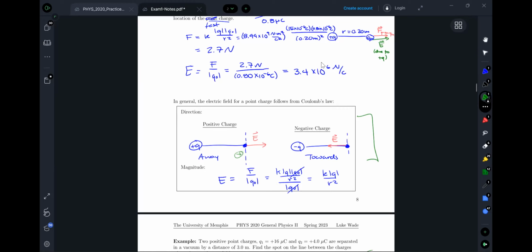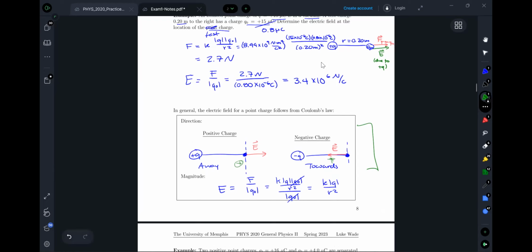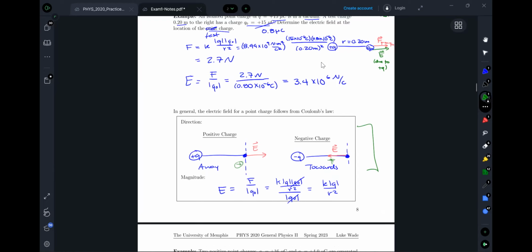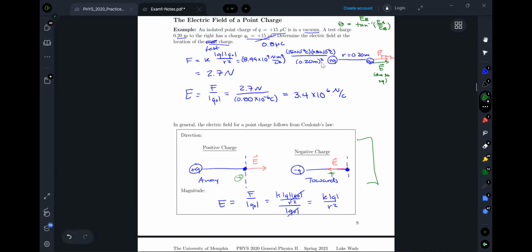Same with negative charge. We put a positive one here. It will be attracted towards it in the same direction as the field. If we put a negative there, it will be repelled opposite the direction of the field. So positive charges always experience forces in the direction of the field. Negative always experience them opposite that direction. Does that clear that up? Yep. Okay, good.